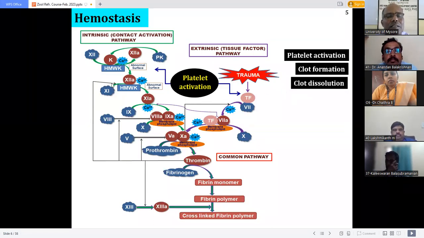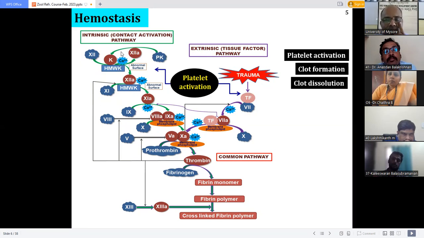If we take the blood coagulation cascade, blood coagulation process, we have different pathways, as you are aware of. Like we have intrinsic pathway, also called contact activation pathway, and extrinsic pathway, also called tissue factor pathway. These two pathways are activated through different mechanisms that I think I have highlighted here.